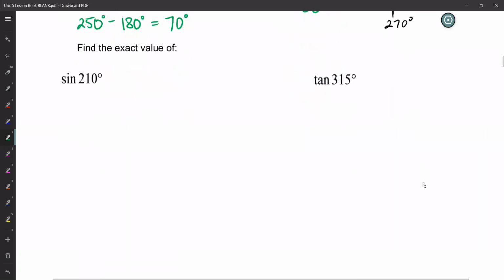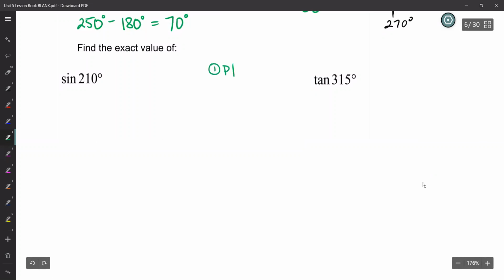So here's sort of the steps of what we're going to do here. If I'm trying to find the exact value of an angle over 90, I'm going to first place the angle. We call this standard position. So we're going to place the angle in standard position. Okay, so I'm going to follow along with that here.